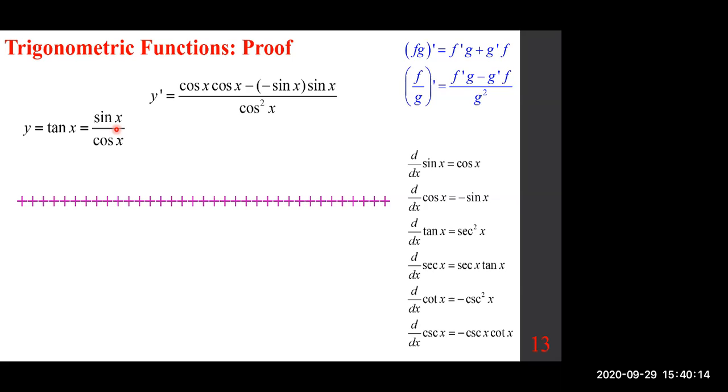So the top is cosine squared plus sine squared, which is 1. So the numerator is 1. What is 1 over cosine squared? Well, we know that secant is 1 over cosine. So 1 over cosine squared is secant squared. And this is the proof, believe it or not.